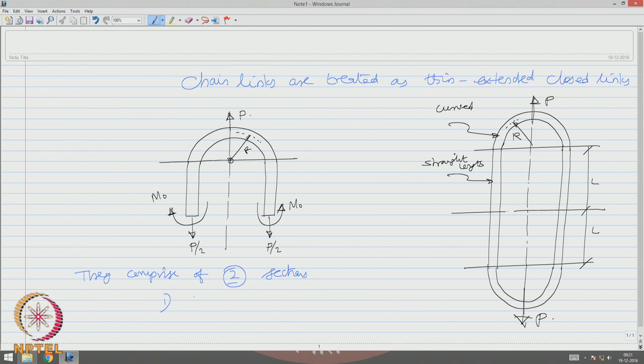One, the straight portion where MB is simply m naught, and for the curved portion bending moment is at any section as shown below.